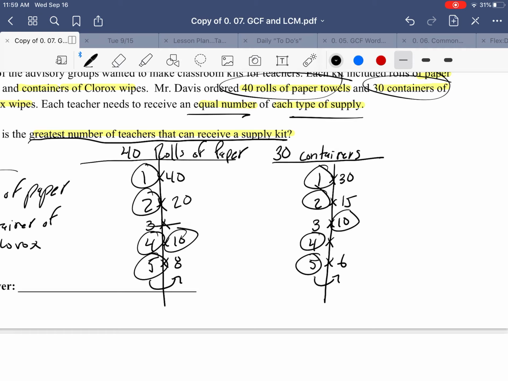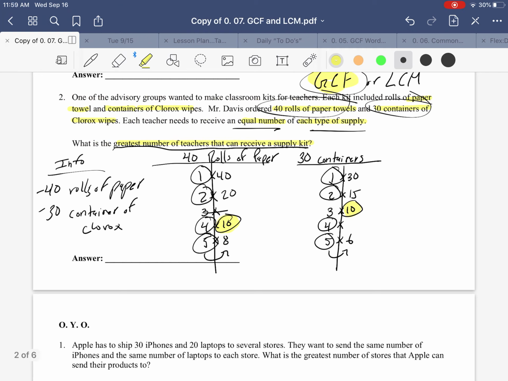And on the next page, what is my greatest common factor? If you said 10, you are correct. 10 is our GCF. Our greatest common factor is equal to 10.